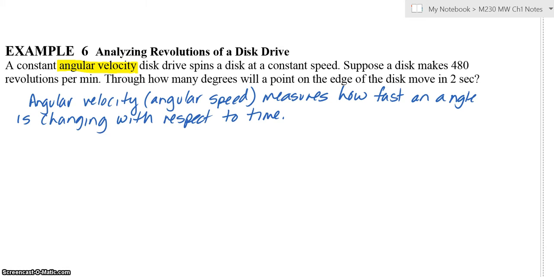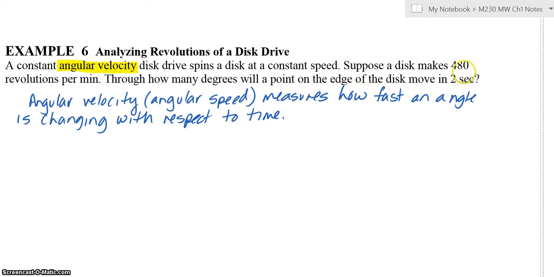If you're traveling 60 miles per hour, that would be how fast your distance is changing with respect to time. Sometimes they call that linear speed or linear velocity. But what we're looking at here is angular velocity, which is how fast the angle is changing with respect to time. So let's move on.